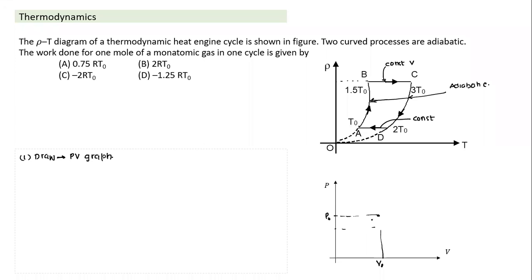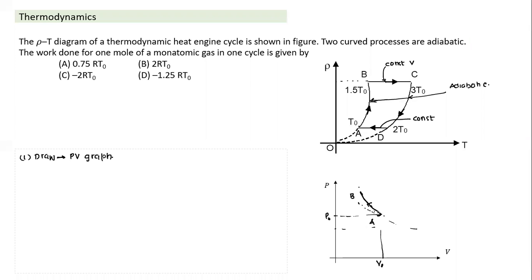So I draw a curve from A, an adiabatic curve, something like this. A to B is adiabatic compression. Volume decreases, hence density increases. In adiabatic compression, the isothermal curve would have been lower, like this.